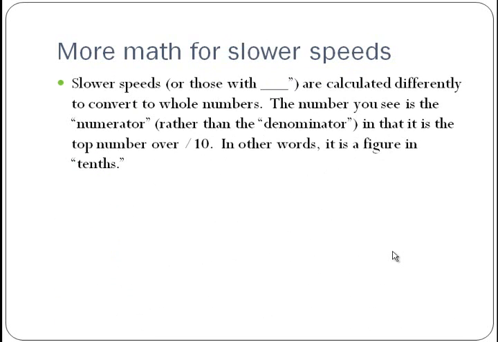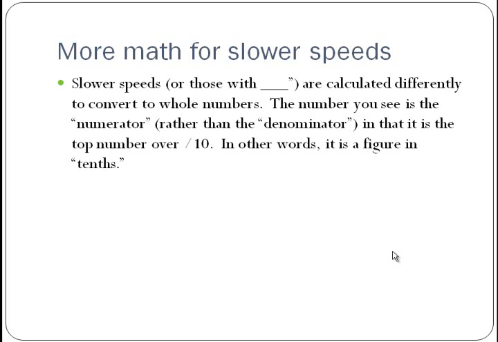Now the math for the slower speeds. You have to think about them differently. It took me the longest time to figure this out. Slower speeds are the ones with the number and the seconds or quotation symbol, and they are calculated differently to convert to whole numbers.